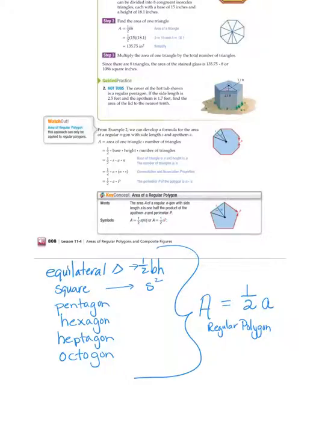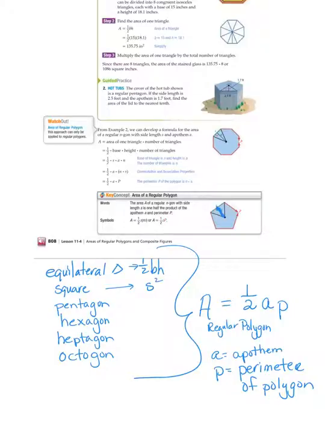Now remember, that comes from the center to the middle of a side of the polygon. 1/2 the apothem times P, which is the perimeter of the polygon, which is easy to find. Okay, so 1/2 AP is your area for a regular polygon.